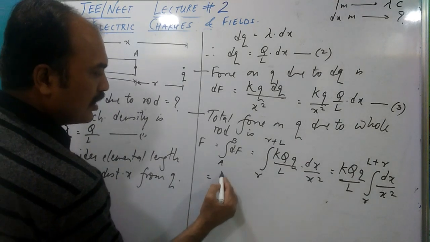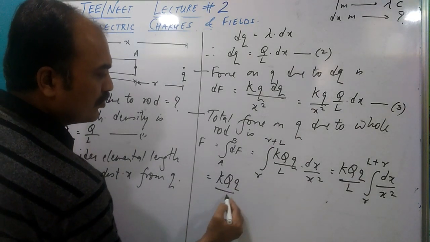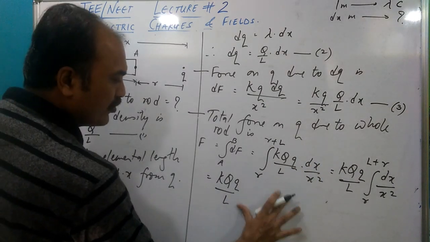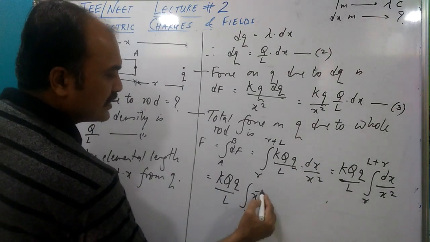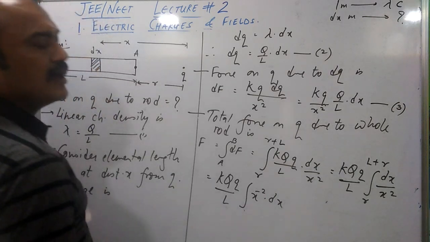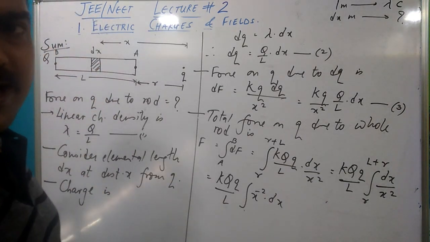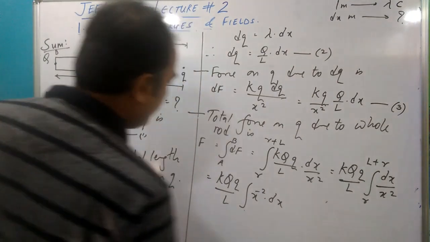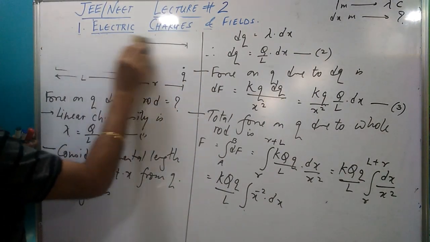So kQQ by L, this is x raised to minus 2. Let me put one more step here: x raised to minus 2 dx. The integral of x raised to n dx is x raised to n plus 1 by n plus 1. Utilizing that idea, I'm going to integrate this.